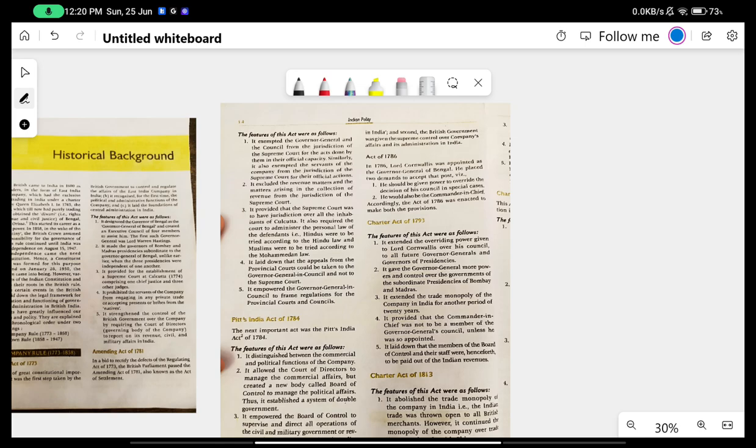Let's say that there's a case in the Supreme Court that a husband beat his wife very brutally. The wife goes to court and files a case against the husband. Obviously the court would say that the husband cannot beat the wife, right? But let's say that the Hindu law says that the husband is the owner of the wife, or has supreme authority over the wife.